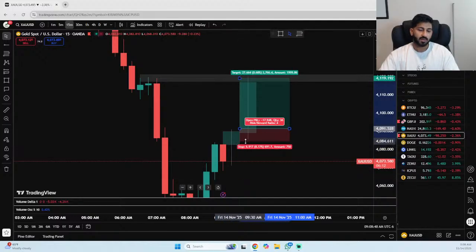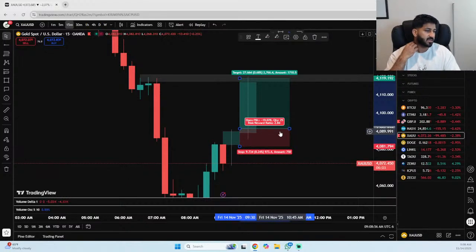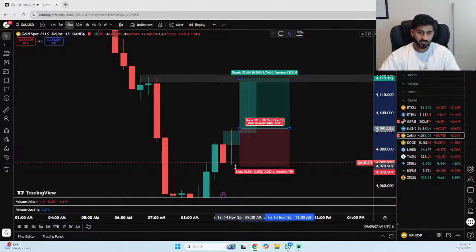I would actually manage my trade if the trade comes back and starts breaking its own low. I would get out 50%, because the main idea is not to always be right, but to lose less and win more. My risk to reward doesn't really matter that much to me because my initial stop loss is this.